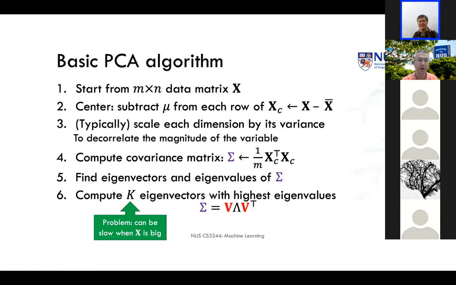We're going to start from a data matrix. We first need to move the origin to the appropriate place, so that the origin of the new dimensions is at the center of the data. We can do that as pre-processing, which is typically what we do, or we can involve it in the PCA algorithm.